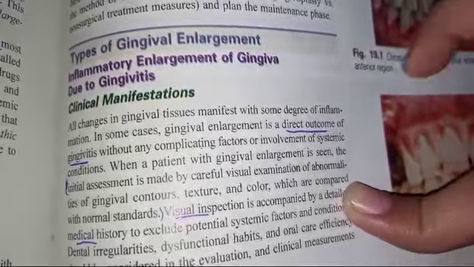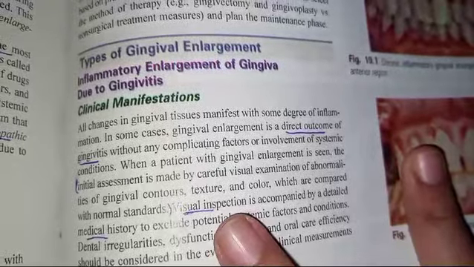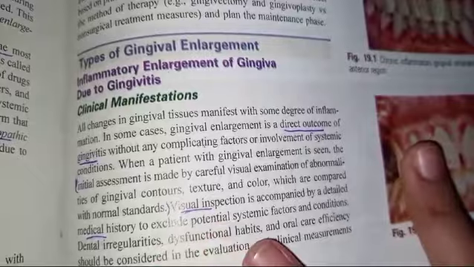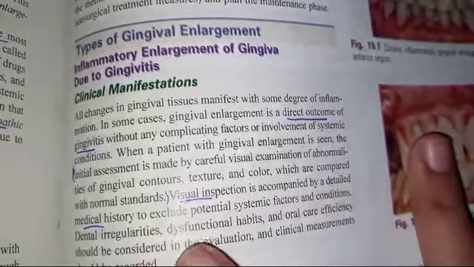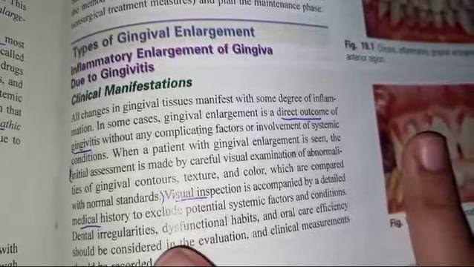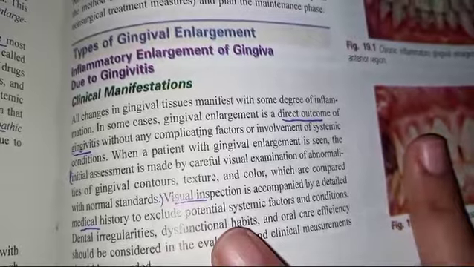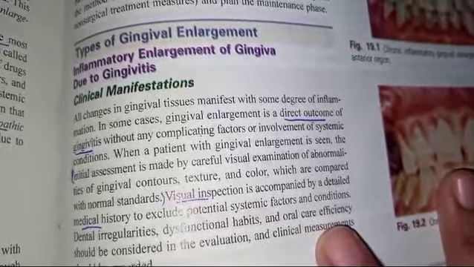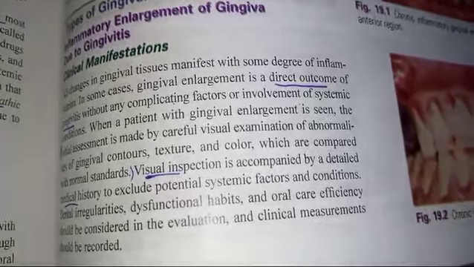Second, you will do the visual inspection, and then you will take a detailed medical history that includes the potential systemic factors and conditions. You will also see the dental history for any irregularities or habits like dysfunctional habits, and also see the oral care efficiency. Basically it should be considered in evaluation, and clinical measurements should be recorded.